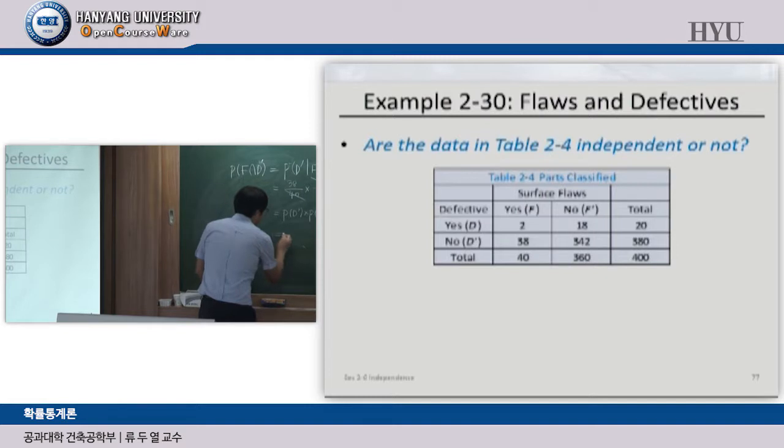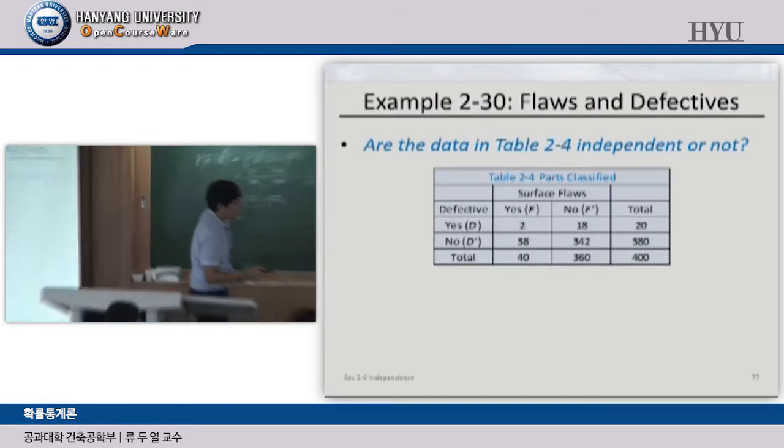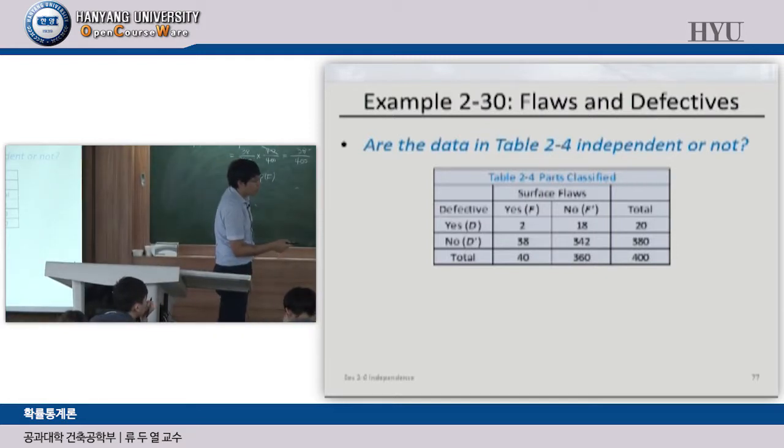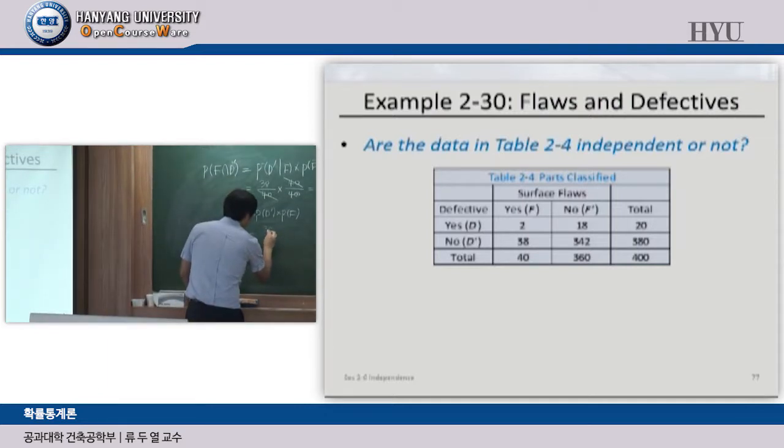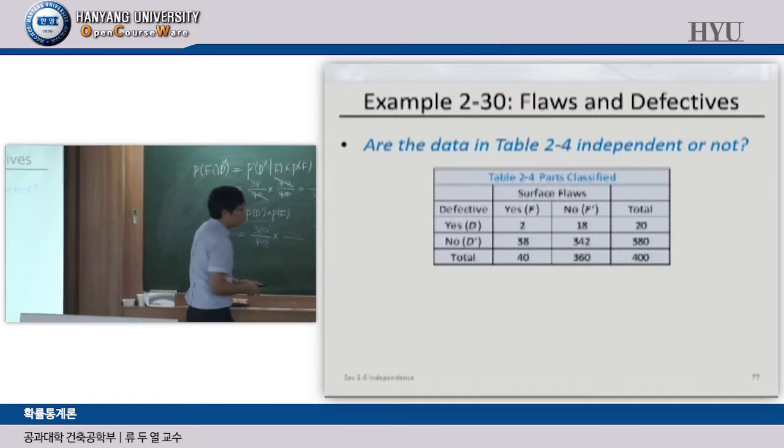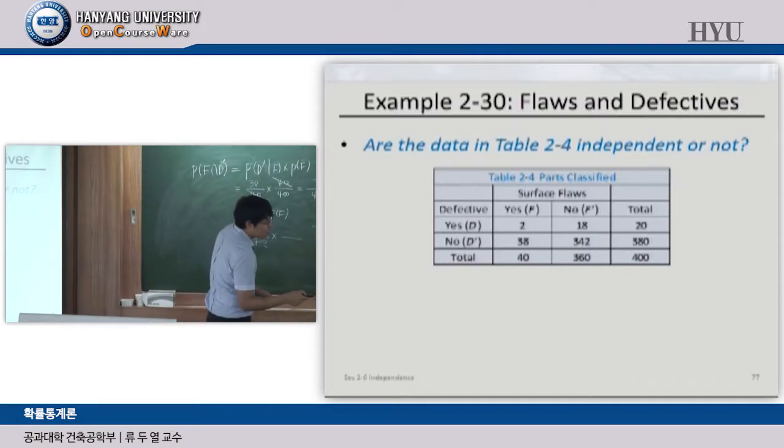So what is the probability of D prime? That is 380 divided by 400, okay? The probability of D prime. So 380 divided by 400 multiplied by the probability of F, 40 divided by 400 here.